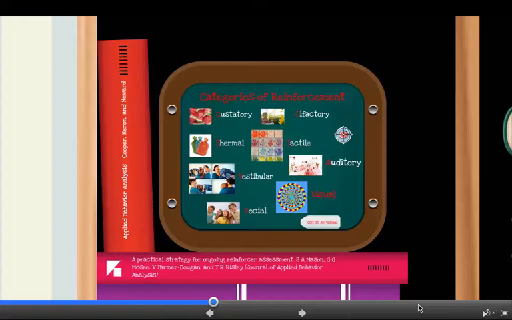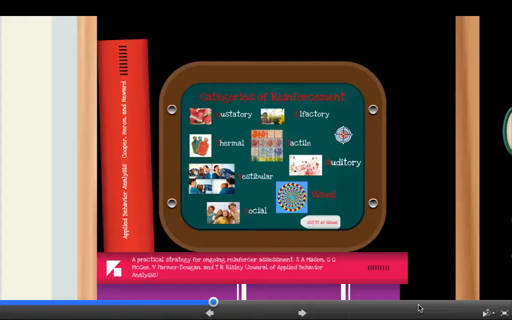And then the A and the S is for auditory and social, and then the visual, as in visual stimulation. So these are the 8 categories, and once again, comes from an excellent article, Practical Strategy for Ongoing Reinforcer Assessment, by Mason, McGee, Farmer-Dugan, and Risley. And if you ever have the opportunity to read that article, I would highly recommend that you do so.